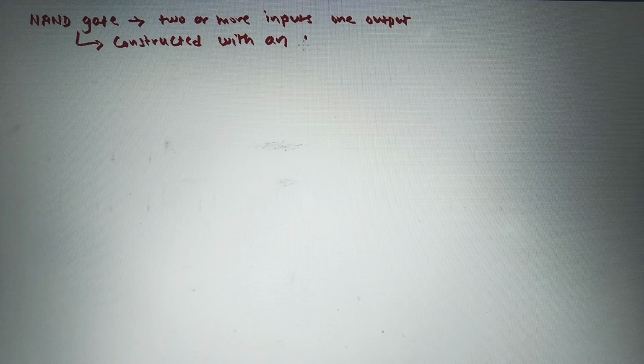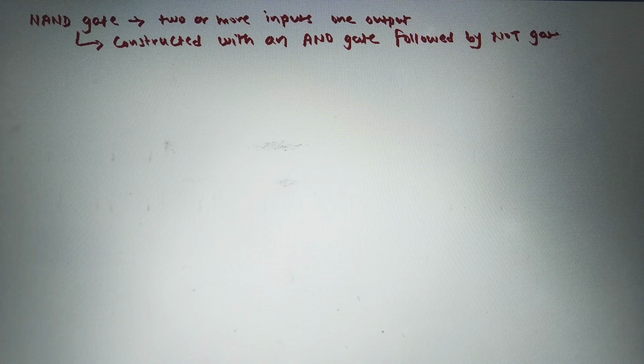So this NAND gate has two or more inputs but only one output, and this NAND gate is constructed with an AND gate followed by a NOT gate, or an inverter.